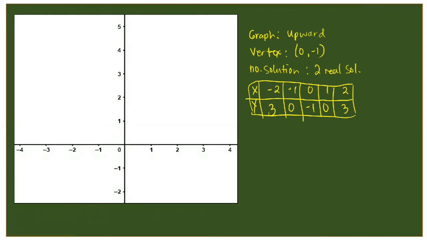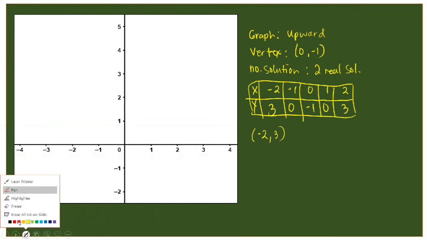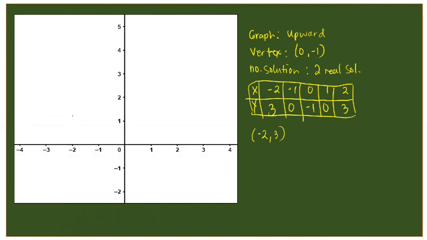First is negative 2 and positive 3. So, negative 2 is x. So, nandito yung ating negative 2. So, this is negative 2. And then, yung y natin na positive 3 is eto po.